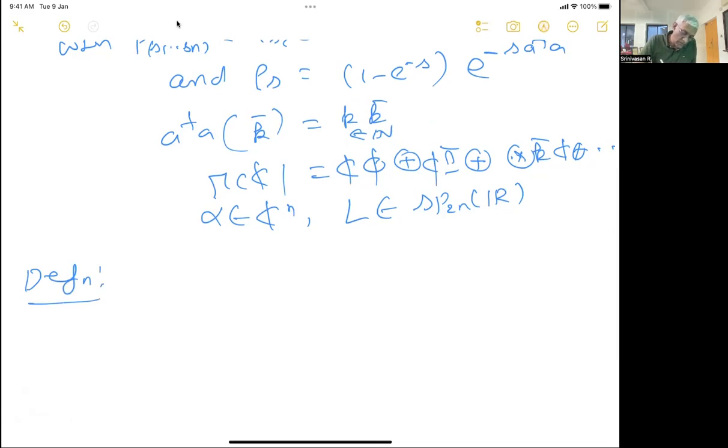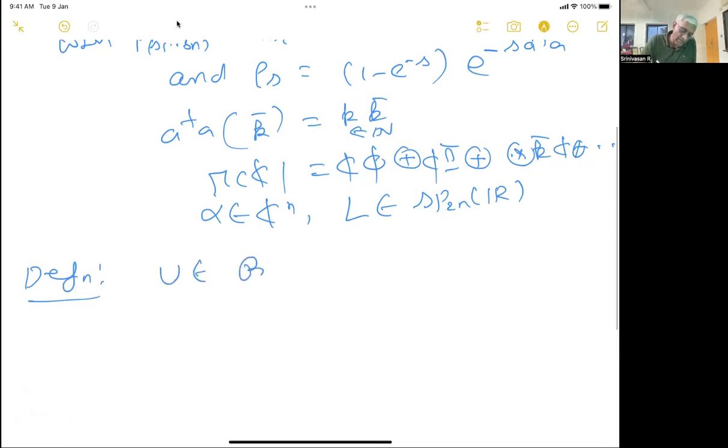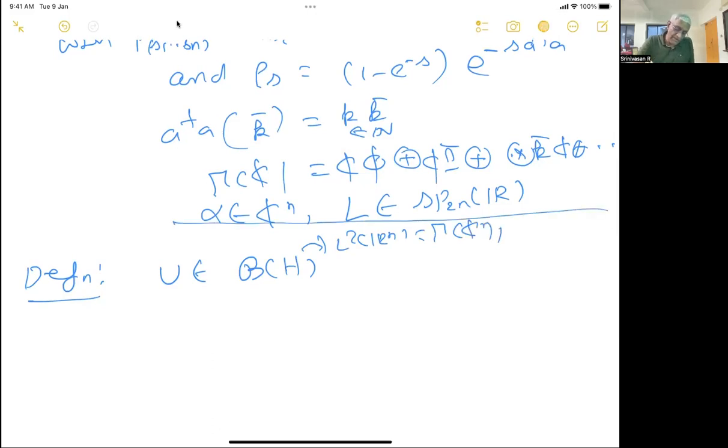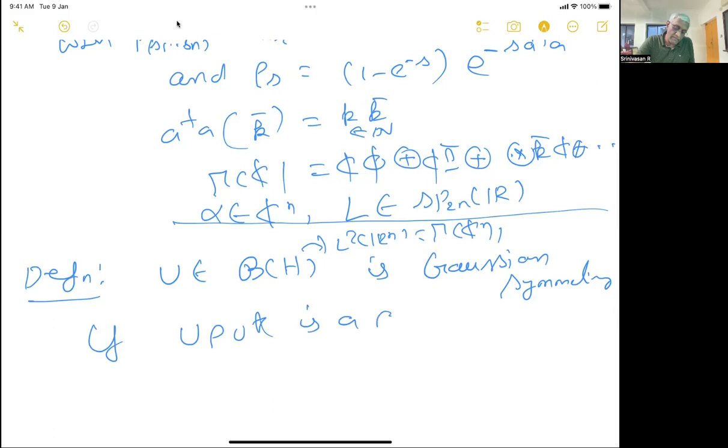So U in B(H), for all of our computation H is L2 of Rn. U in B(H) is said to be a Gaussian symmetry if U rho U star is a Gaussian state for all Gaussian rho.